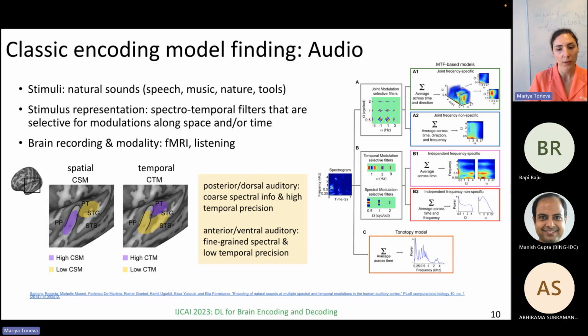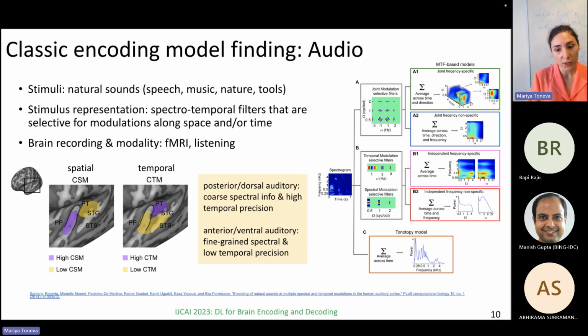Whereas the regions in the auditory cortex that are closer to the front of the brain, the more anterior regions, correspond to more fine-grained spectral and low temporal precision spectrotemporal filters.